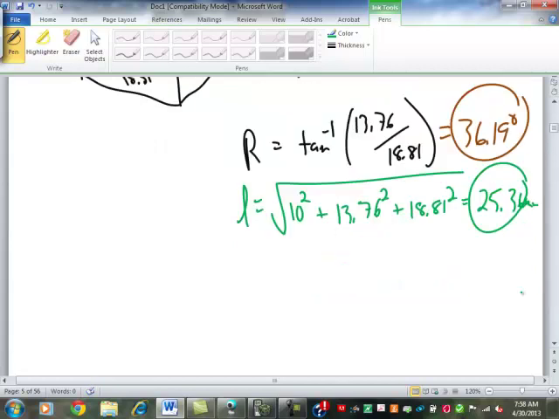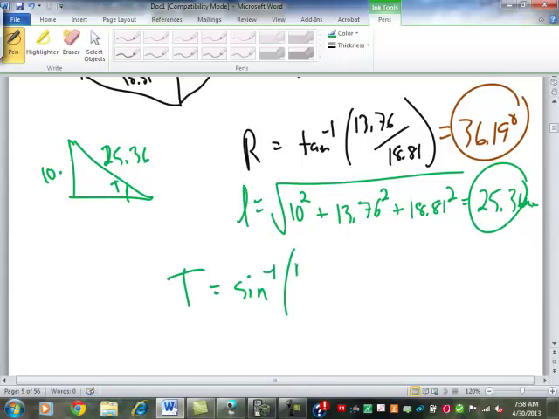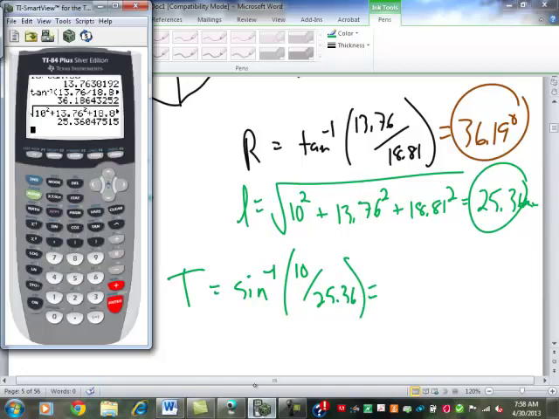So then the tilt, since T is on the bottom edge here now, this was the 10, this is 25.36. So we're using an inverse sine now because the T is down here, so it's the opposite side. So 10 over 25.36. So second sine of 10 divided by that previous answer, 23.22 degrees.